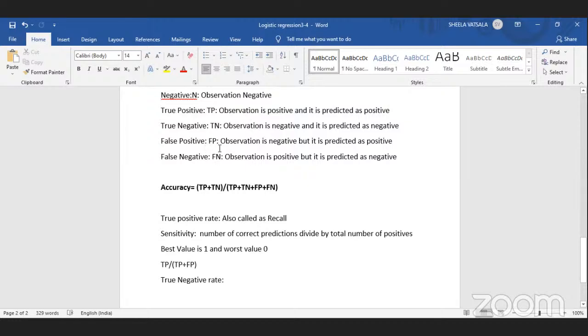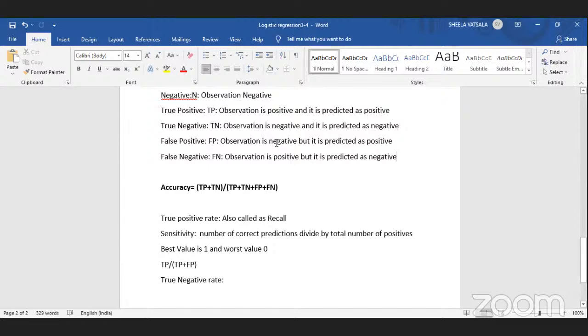However, when we are calculating the accuracies and analyzing our model, we also look at how many false positives and how many false negatives are coming up. A false positive is when our observation is negative, but it is predicted as positive. That means it's a false prediction, called FP.